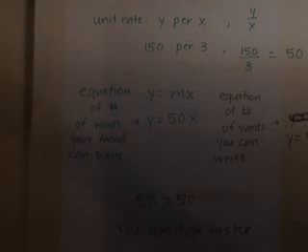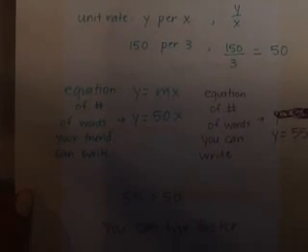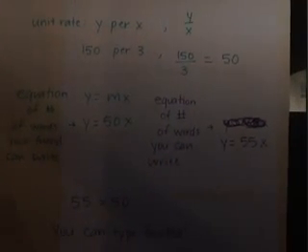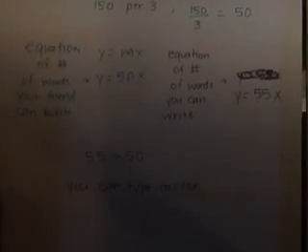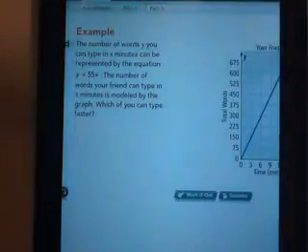The equation for the number of words your friend can type is y equals 50x. And the equation for the number of words that you can type is y equals 55x. Now we know the unit rate is in place of m, so 55 is greater than 50. Therefore, you are able to type faster than your friend.